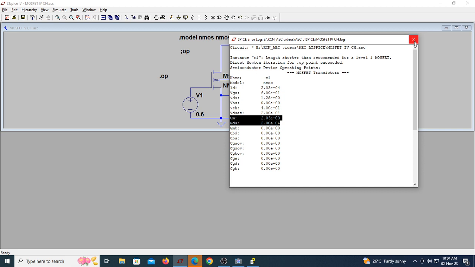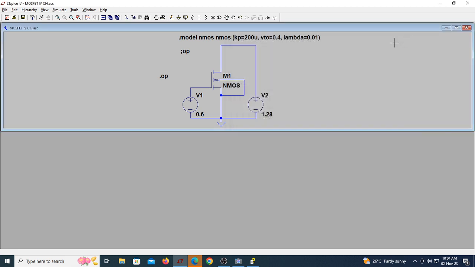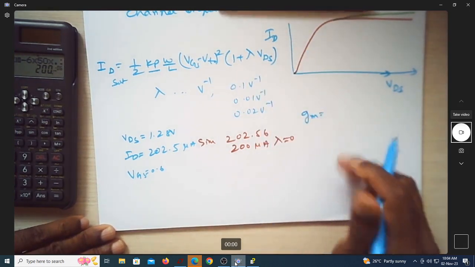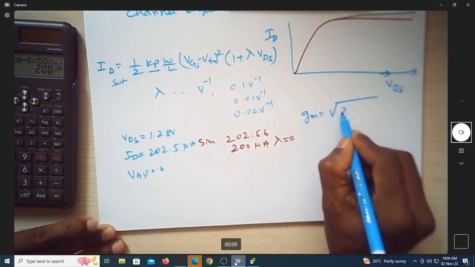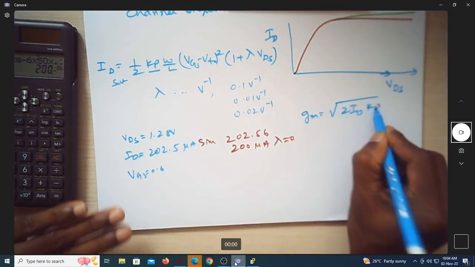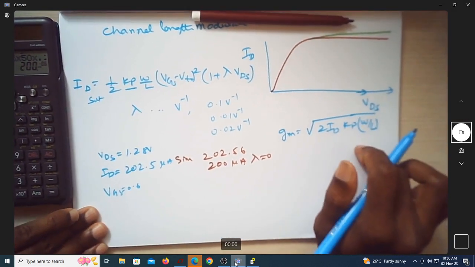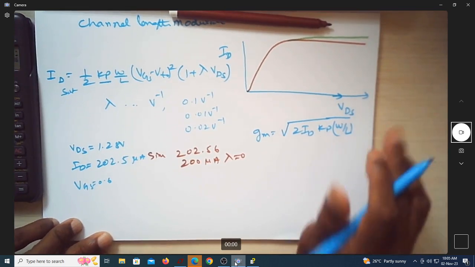GM is nothing but the transconductance parameter of the MOSFET, which is given by the expression GM equals square root of 2 ID Kp into W by L. This is one of the important parameters in the analysis of MOSFETs.